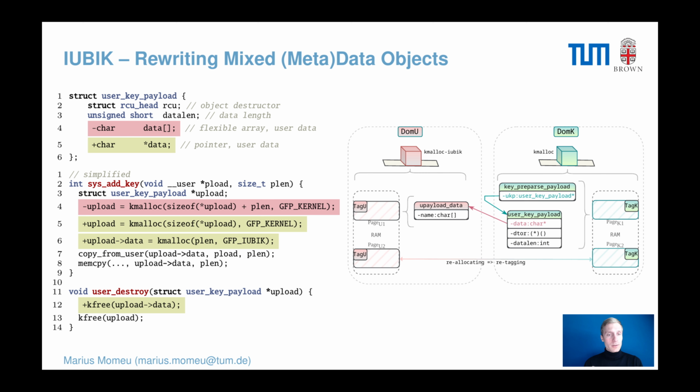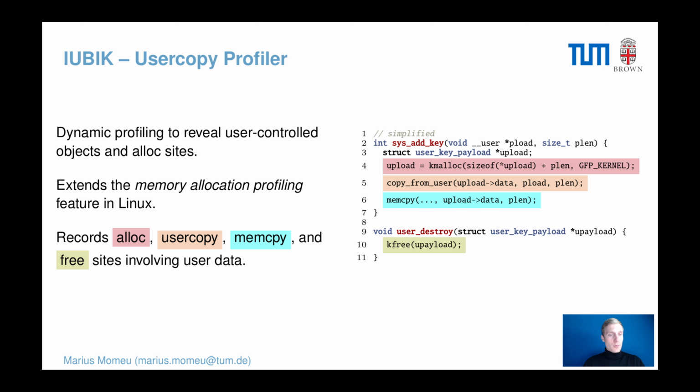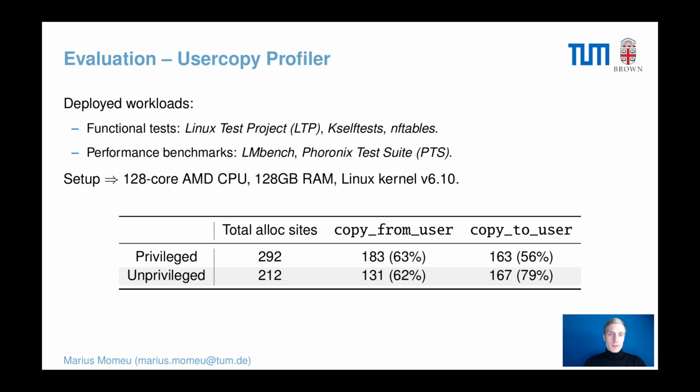However, we also wanted to reveal other potentially interesting struct types that could be abused by future exploits. And for that, we developed a dynamic profiling framework called the User Copy Profiler, which extends Linux's memory allocation profiling feature and is able to record alloc, user copy, memcopy, and free call sites that involve user data in Linux.